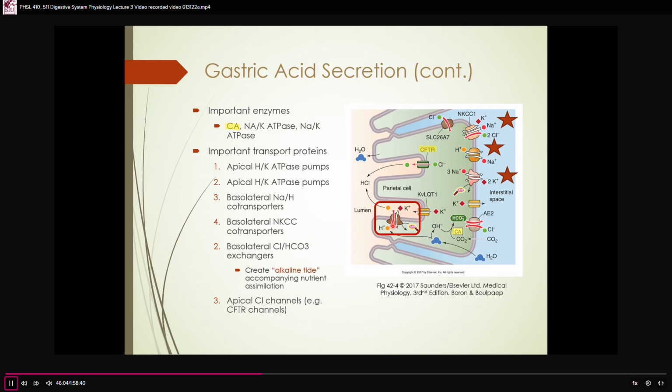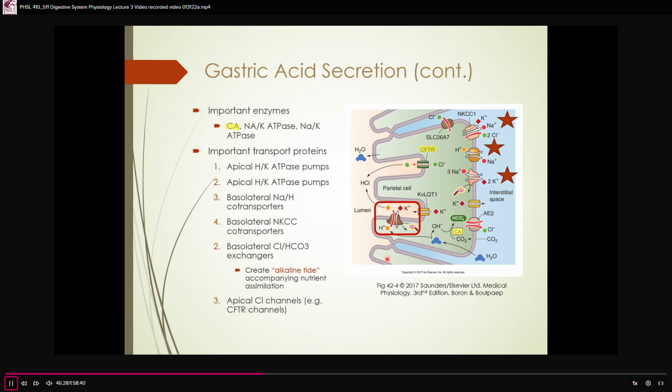We're going to spend all this energy to dump a bunch of hydrogen ions out here against their concentration gradient. So every time we pump hydrogen ions out here, that pulls this whole reaction and this reaction in the forward direction and dumps more bicarb out here. So these chloride bicarb exchangers, as we're dumping acid into the lumen of the stomach, are going to be really important in dumping a bunch of bicarbonate out into the interstitial fluids.